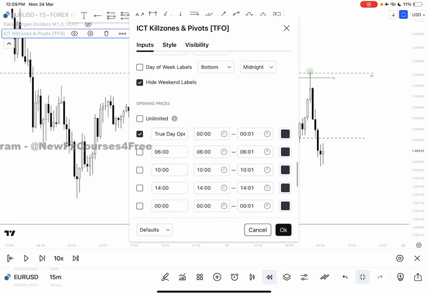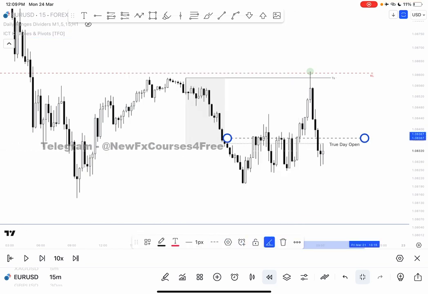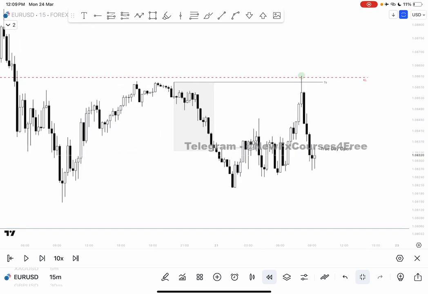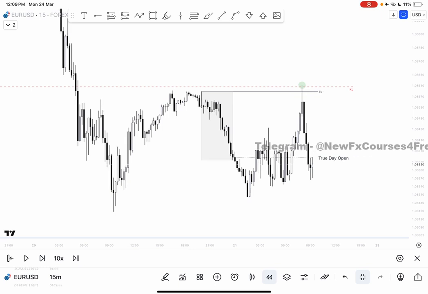Okay, here we are. Okay. So this is your true day open. Turtle Soup above your true day open, tapping on the key level is a high probability Turtle Soup.